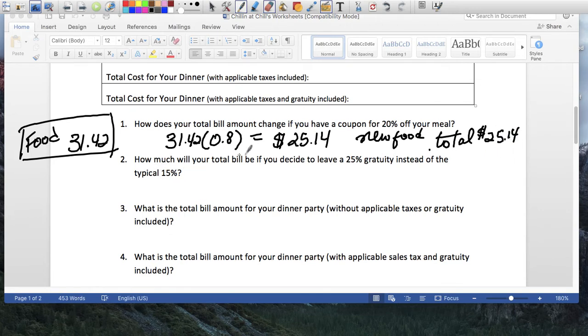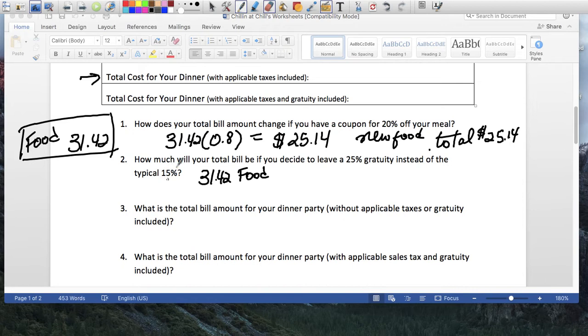So how much was your total bill if you decide to leave a 25% gratuity instead of the typical 15%? I'm just going to base it on what we did on the top. My total bill with food and taxes was $34.22. My original food was $31.42.